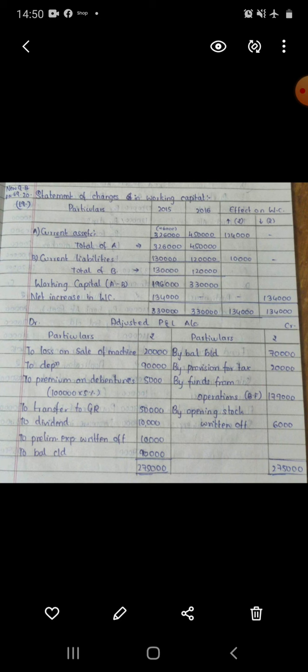Okay, see balance sheet is given in the problem. Share capital, general reserve, profit and loss account, 12% debentures, current liability, provision for taxation, proposed dividend. Then fixed assets, accumulated depreciation is given, investment, current assets, preliminary expenses. Then adjustments: sold one machine for rupees 60,000, the cost of which was rupees 1 lakh and the depreciation provided on it was rupees 20,000. Provided rupees 90,000 as current year depreciation.